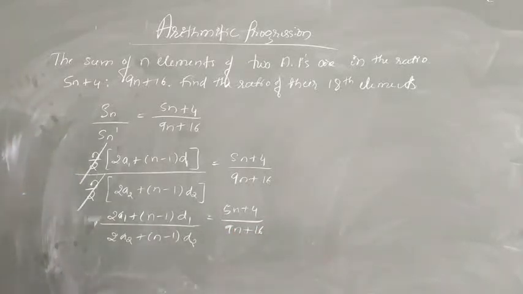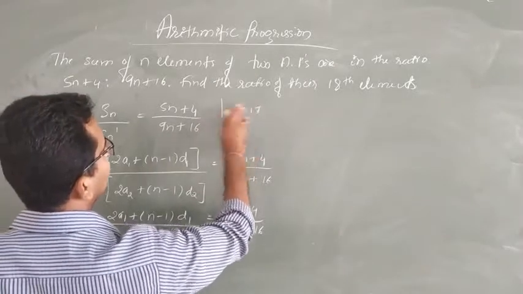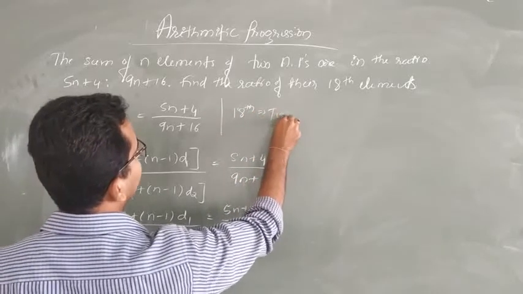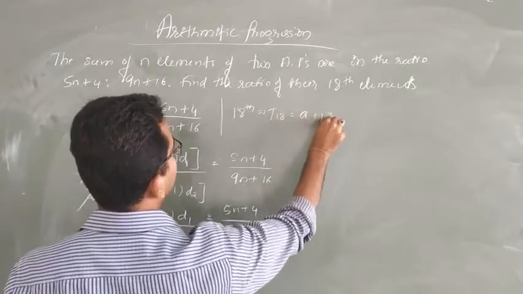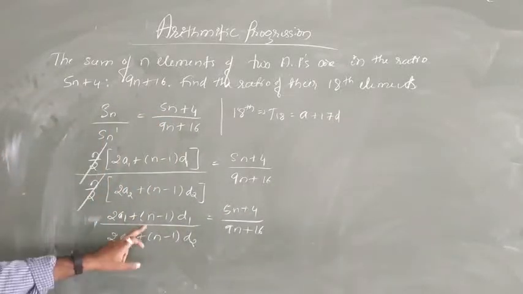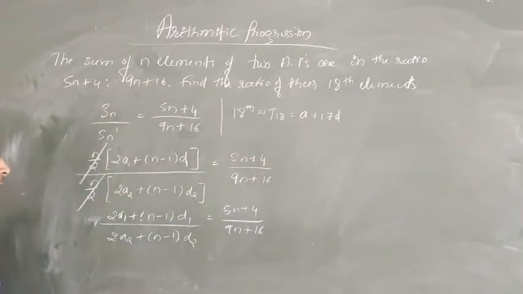What I want is the 18th element, that is nothing but T18. I can write it as a plus 17d. So I have to write this term in the form of a plus nd. Here what I have is 2a1 and 2a2.